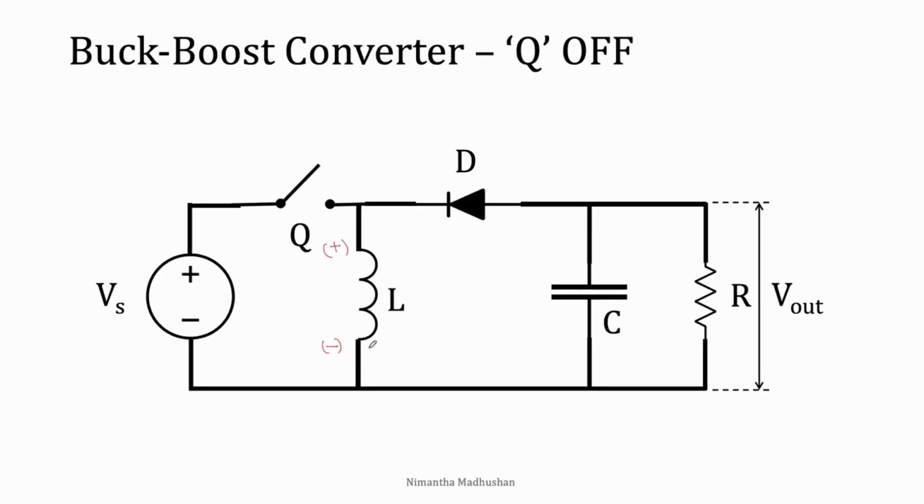Now signs are changed to plus and minus. Now, if we consider this diode, the negative voltage is applied to the cathode side, and with respect to that, the positive voltage is applied to the anode side. Then diode is acting in forward bias mode.